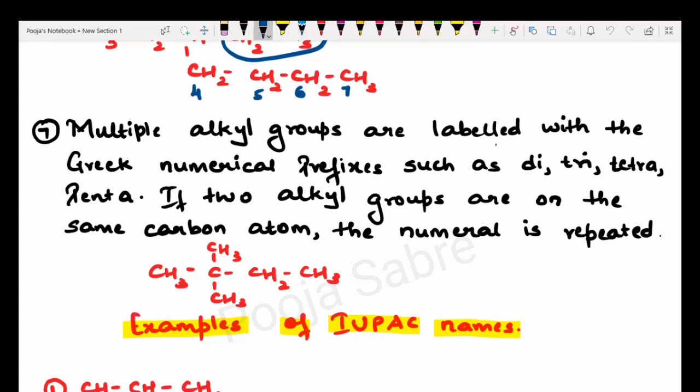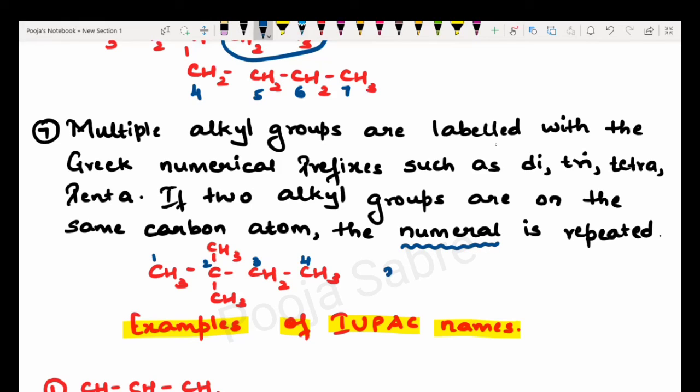So in this case, children, again, my longest chain is a straight chain. So I'm going to number it from left to right, the first, second, third, and fourth position. So this rule says that, children, if I have similar type of groups or similar alkyl group present on the same carbon, so I'm going to repeat the numeral.